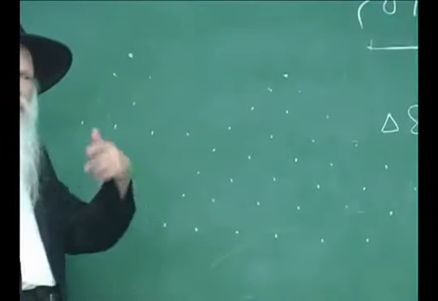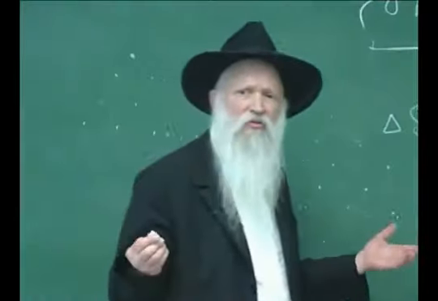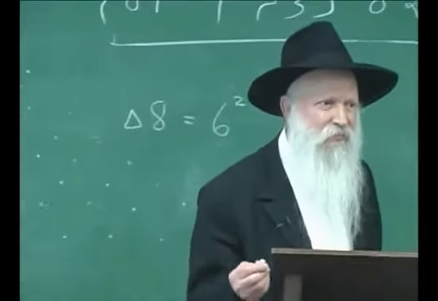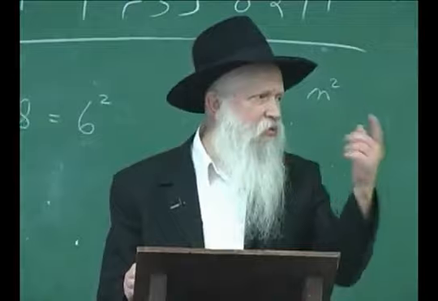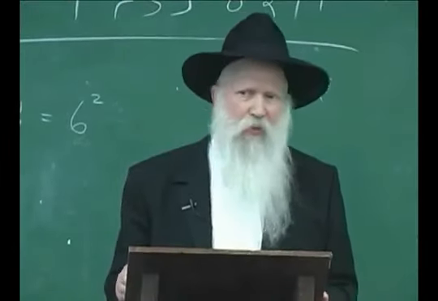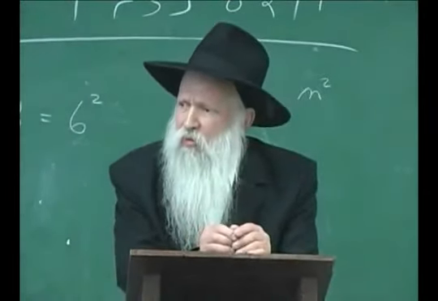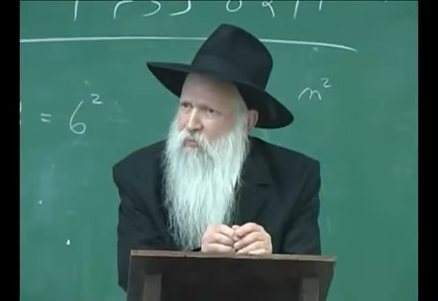So that's the way that we performed the mitzvah. It takes us 8 days, not 6 days. 8 days, each day we're adding another candle. So we've constructed the triangle of 8.